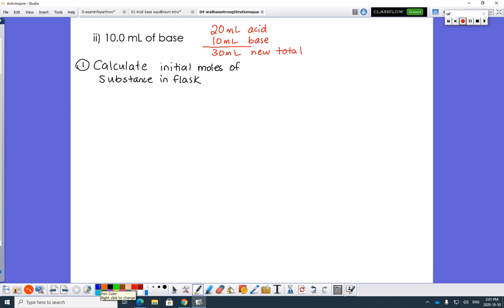Okay, so the initial moles of the substance in the flask. It could be an acid, it could be a base. In our case, it's an acid. So when you do the calculation, you can write n acid so that you know.